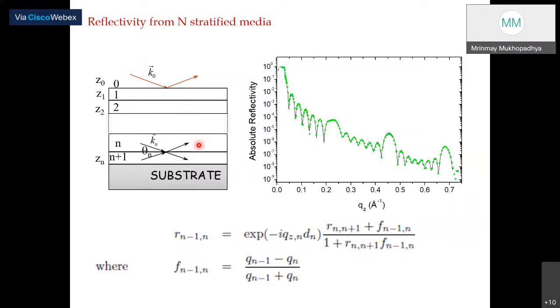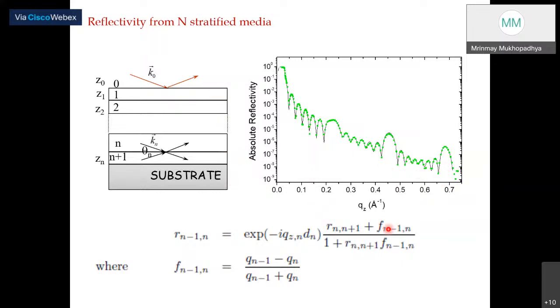Obviously it is not ready-made information that you can see in a microscope, but you get a reflectivity profile like this, and you have to analyze it, and then you can extract all the information.